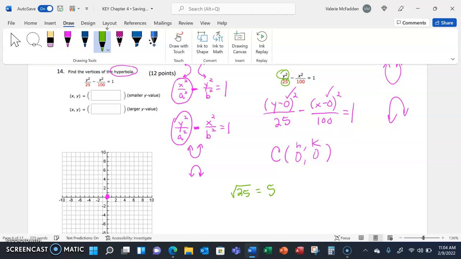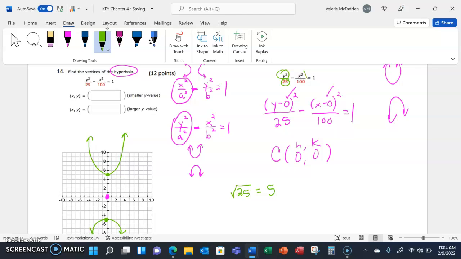So from my center, I'm going to count up 5, and I'm going to count down 5. Up 5 from the center, down 5 from the center. And so I know since my y squared came first, it's going to open like this. It opens on the y-axis, up, down, which is what your y-axis is, up, down.